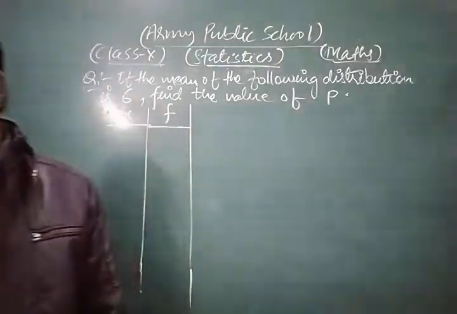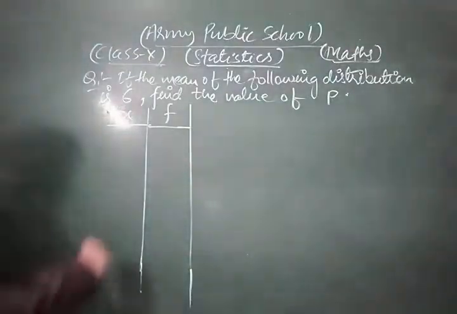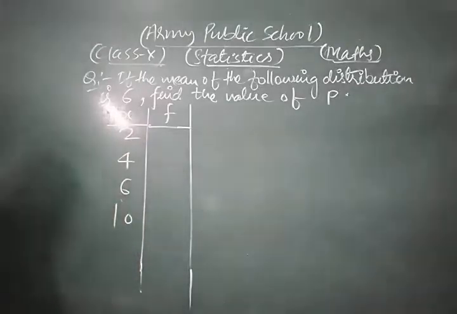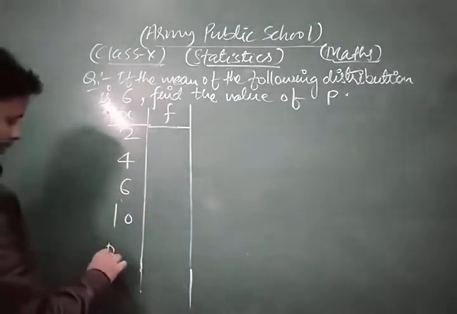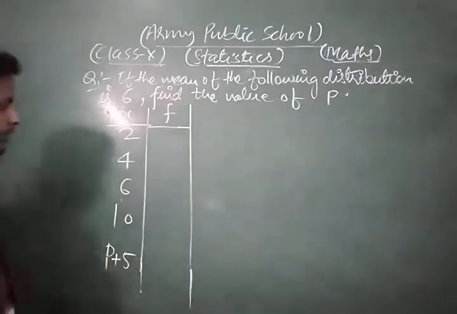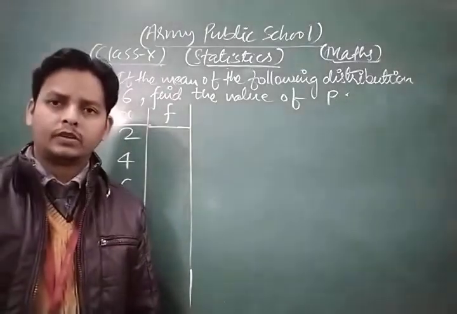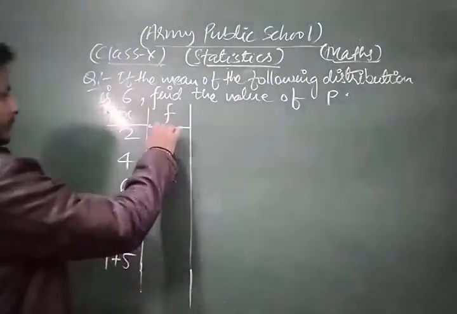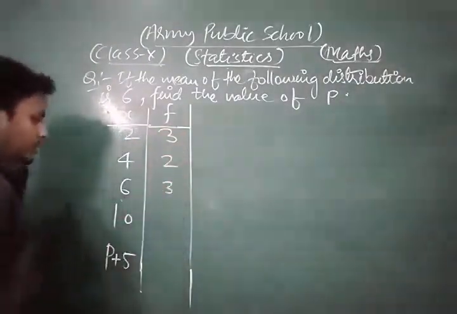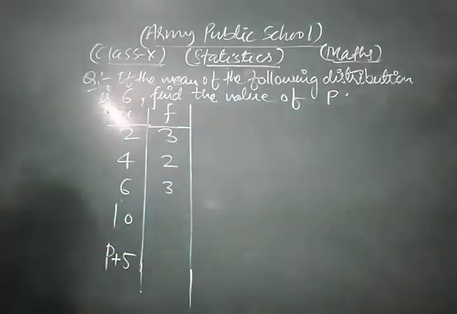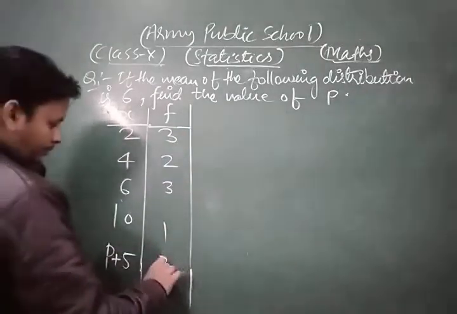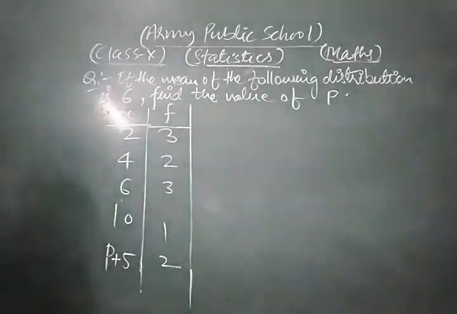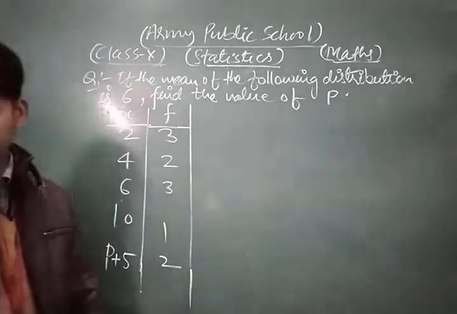The variable x is given as 2, 4, 6, 10, p plus 5, and the frequencies are 3, 2, 3, 1, 2. These are their corresponding frequencies.